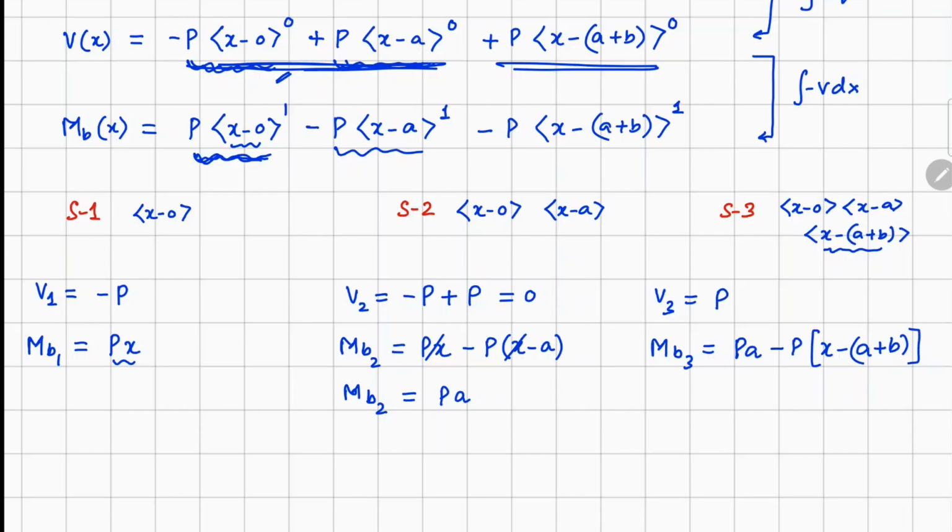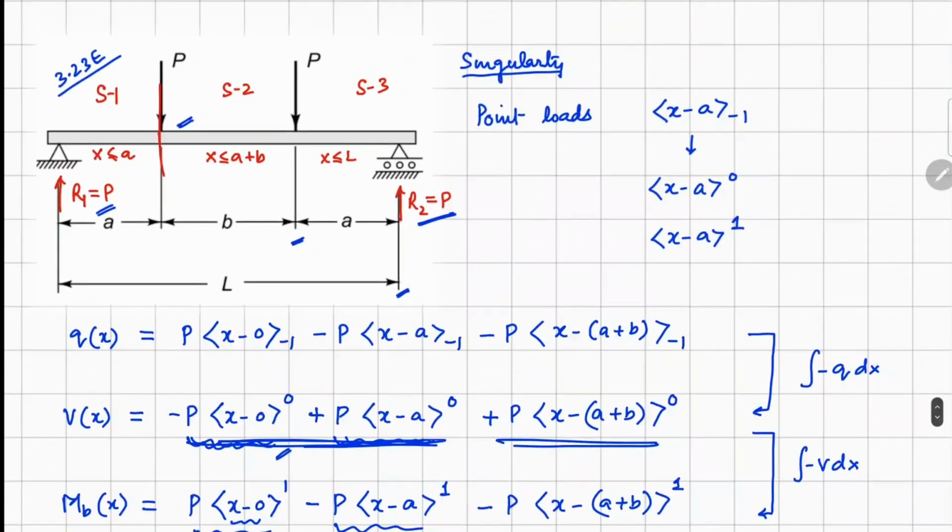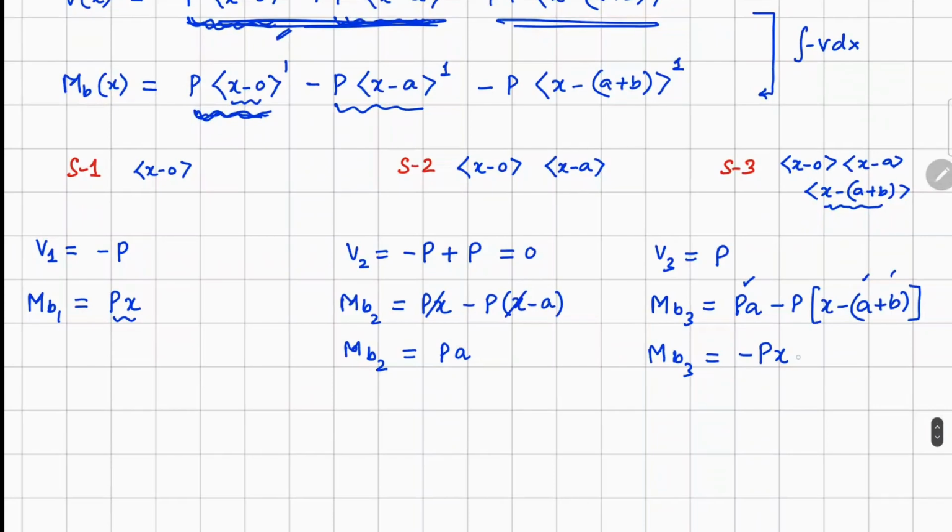If you simplify this, you can write it as minus Px, and when you combine everything, you'll see that P comes with 2a plus b. From the geometry, 2a plus b is equal to L, so you can write this as plus PL, or M_b3 equals P times (L minus x).